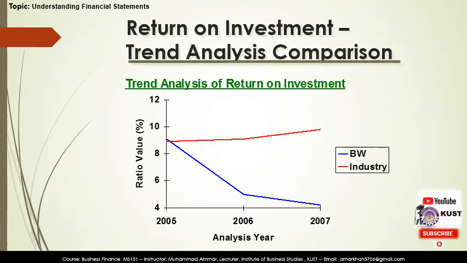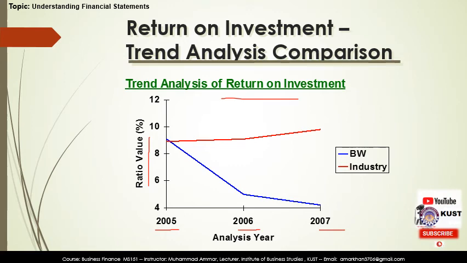They have also given us a trend analysis of return on investment. The graph shows the comparison between Basket Vendor and the industry average. On the horizontal axis the years 2005, 2006 and 2007 are taken, and on the vertical axis the ratio value is given.